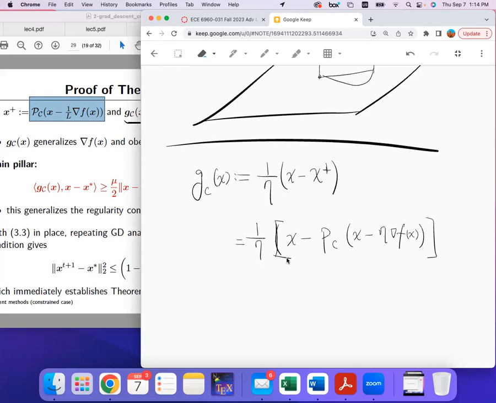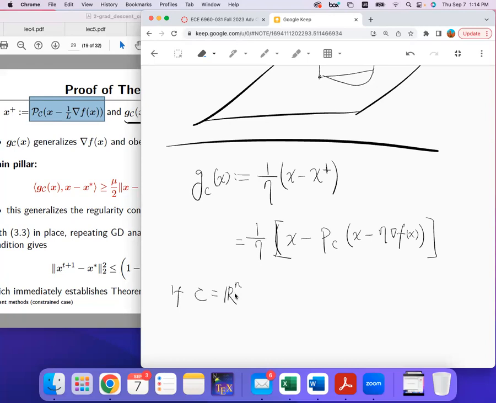You can see that this is a kind of generalized gradient. Because if there's no constraint, meaning the constraint set is simply the entire space, then this projection operator is simply an identity operator.